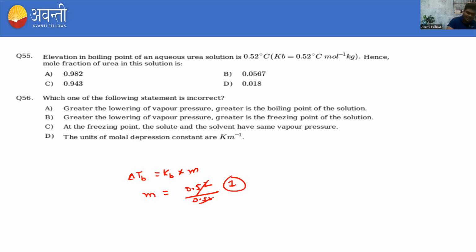Now, if the molality is equal to 1, what do we mean by molality 1? As the molality is 1, it signifies that 1 mole of urea is present in 1 kilogram of water. This is the definition of molality, right? That is, 1 mole of urea is present in 1 kilogram of water basically, right?